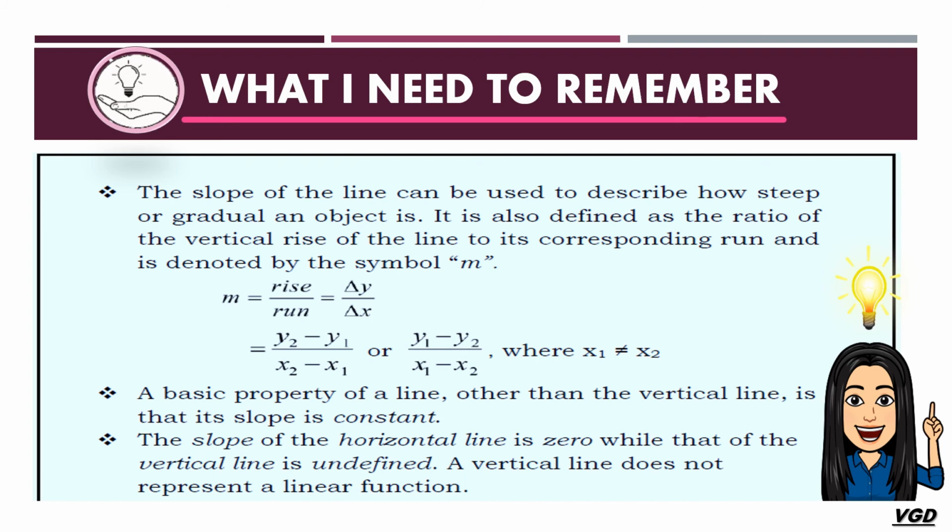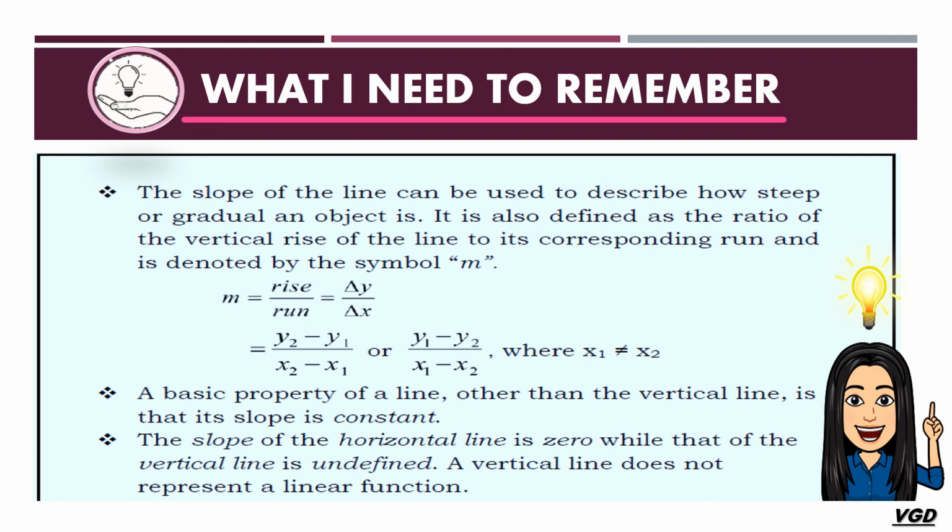It is also defined as the ratio of the vertical rise of the line to its corresponding run and is denoted by the symbol m, where m equals rise over run, which is also equal to the change in y over the change in x, which is equal to (y sub 2 minus y sub 1) over (x sub 2 minus x sub 1), or (y sub 1 minus y sub 2) over (x sub 1 minus x sub 2), where x sub 1 should not be equal to x sub 2.